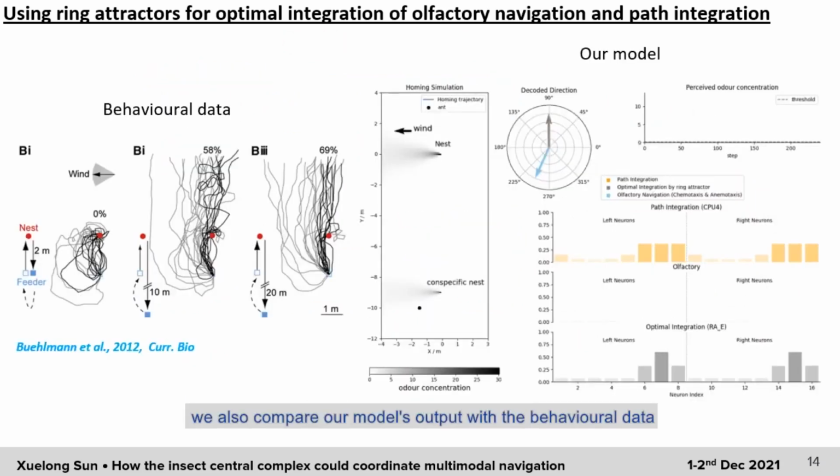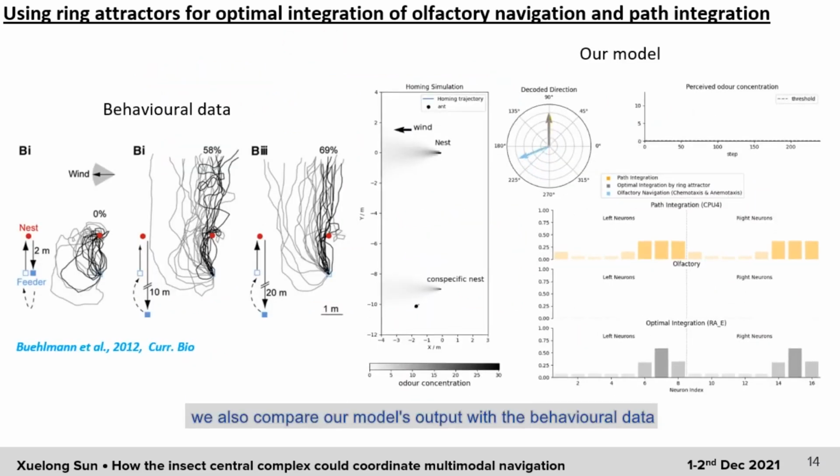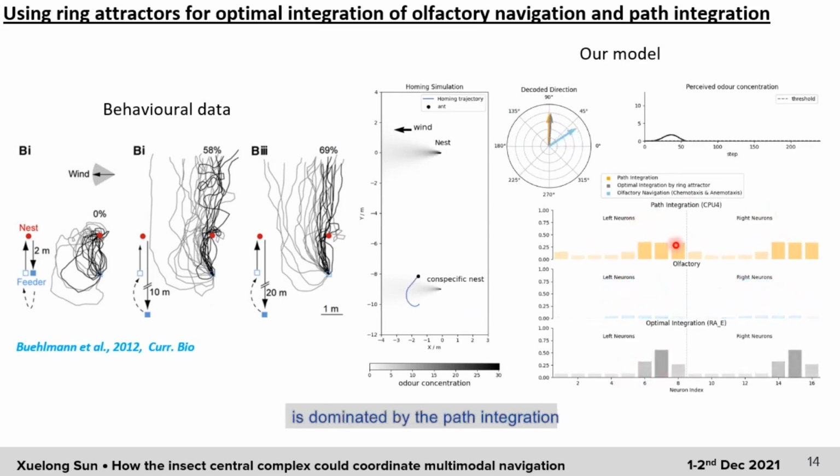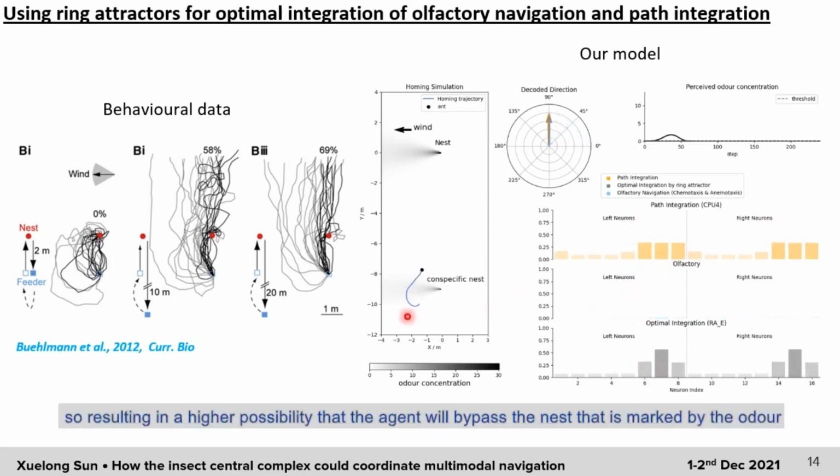We also compare our model's output with the behavioral data, where you can see when the path integration memory is high, the optimally integrated output is dominated by path integration, resulting in a high possibility that the agent will bypass the nest that is marked by the odor.